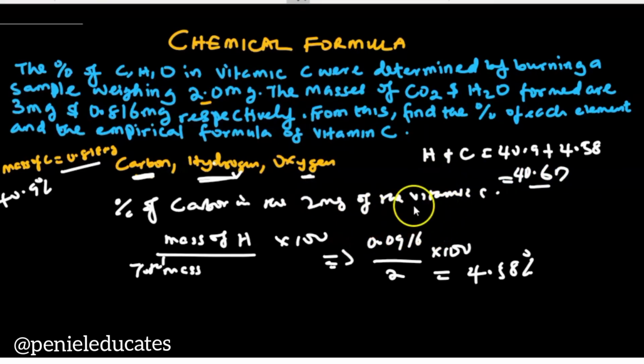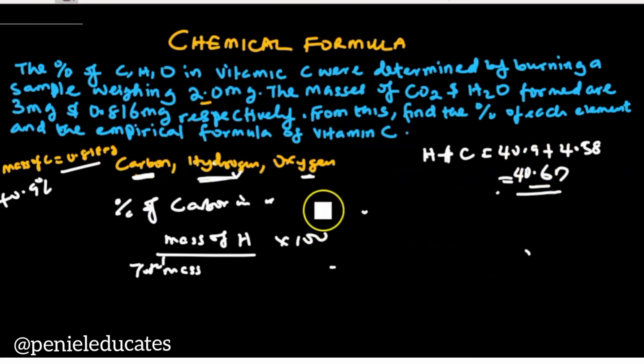So what we need to do to find the percentage of oxygen is to subtract the addition of hydrogen plus carbon, the percentage composition in the compound of vitamin C, from 100.